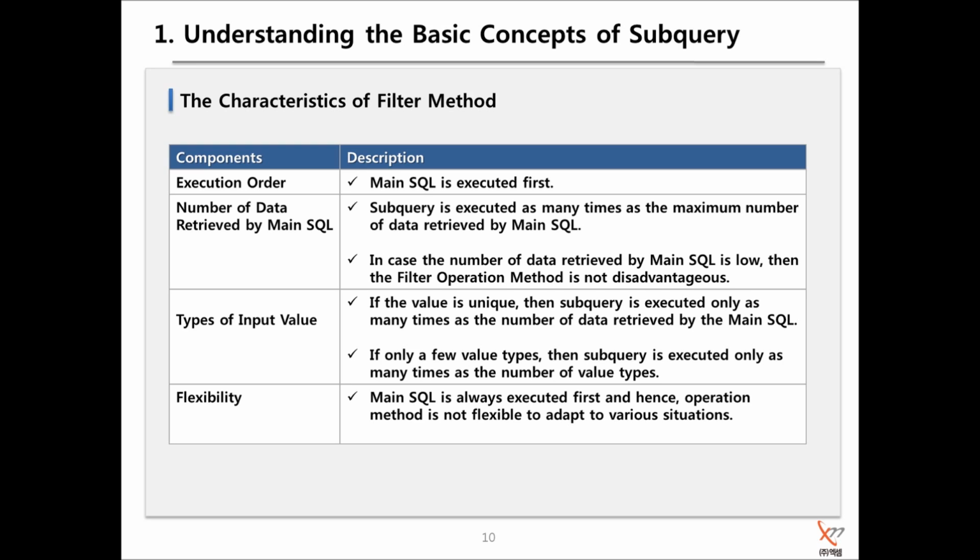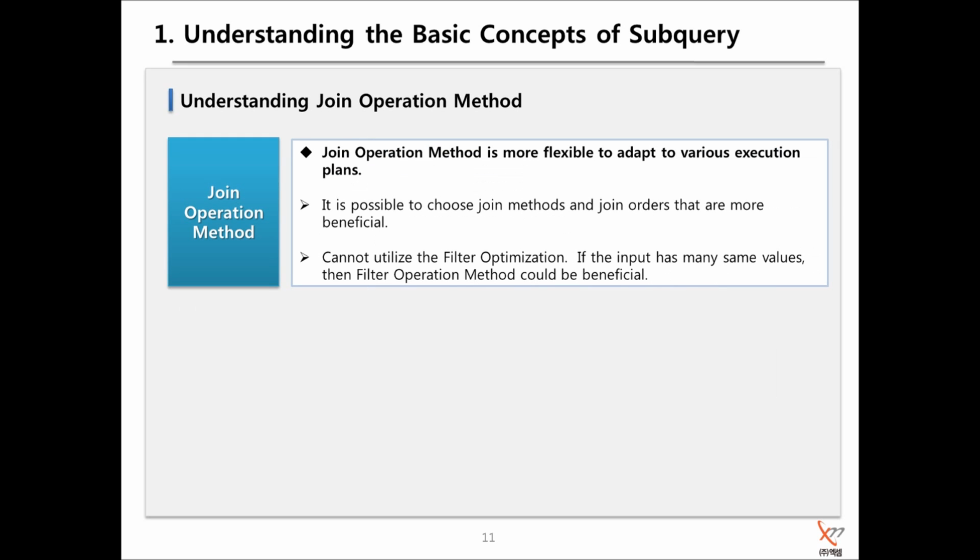The filter operation method always executes the main SQL first, and the subquery is executed when the value is returned by the main SQL. As we have seen here, the filter operation always adheres to only one execution order, and hence it is not flexible to adapt to various situations. When comparing the join operation method and the filter operation method, the biggest difference is flexibility.